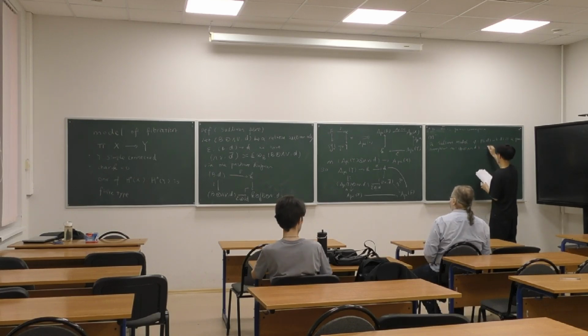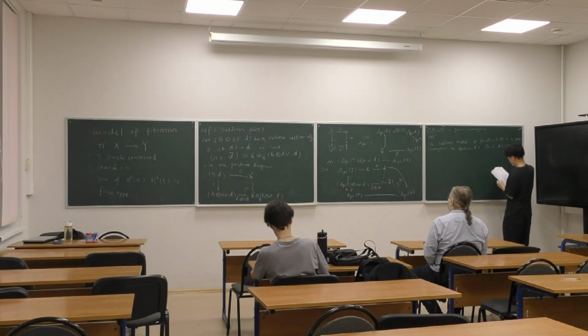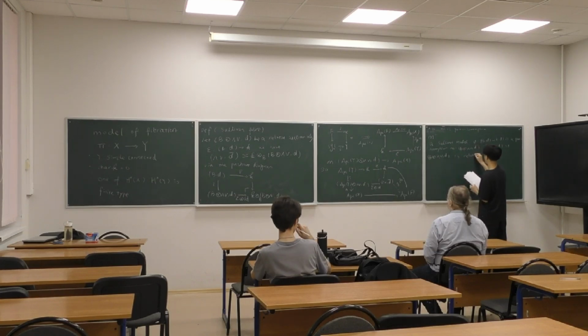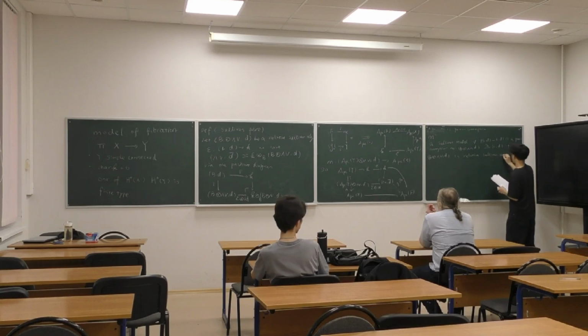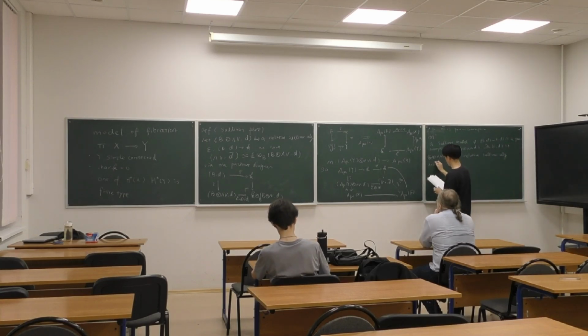It's quasi-isomorphic to such that relative Sullivan algebra, and we have the following diagram.